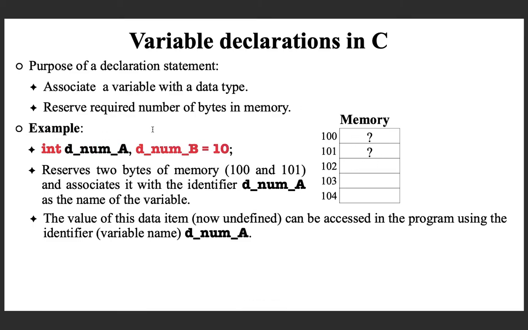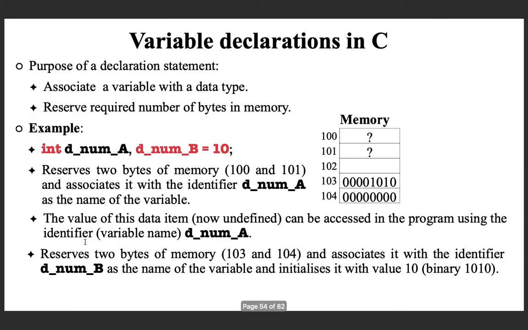Now consider the other variable which is declared. You can actually separate 2 variable declarations with a comma. So int dnum B. Here you are doing 2 things. You are declaring a variable, namely dnum B, and also initializing it to 10. So what is it doing?